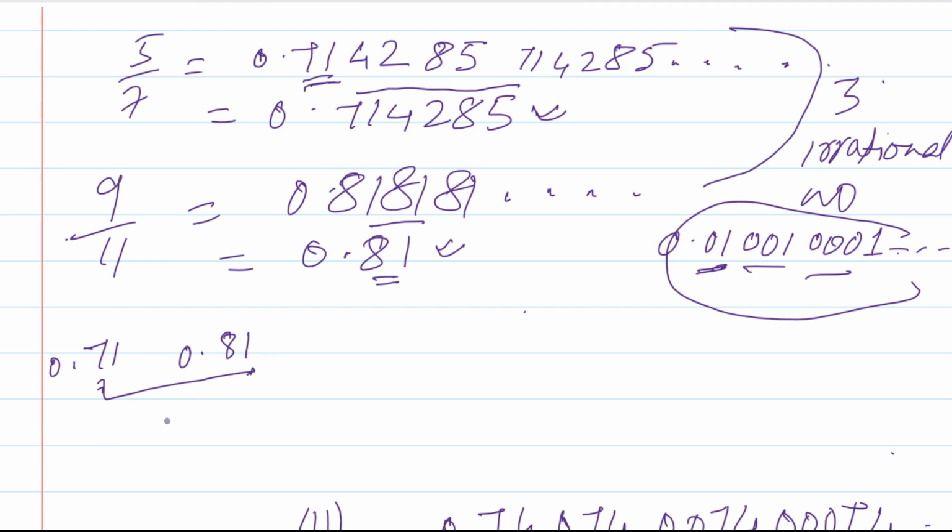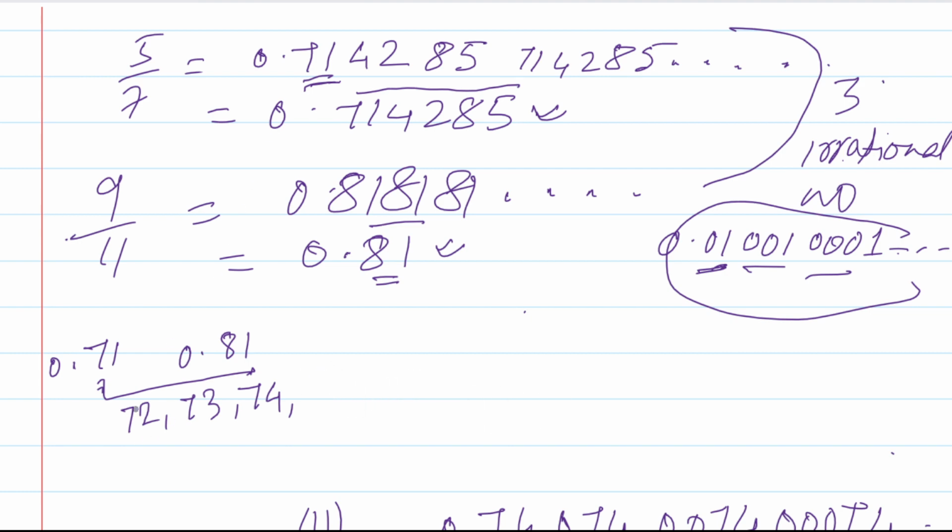In between these two, what are the numbers I have? Can I have 72? Can I have 73, 74, 75, 76, 77? Many numbers I can have. But I'll focus on only three irrational numbers. I'll start with only three.